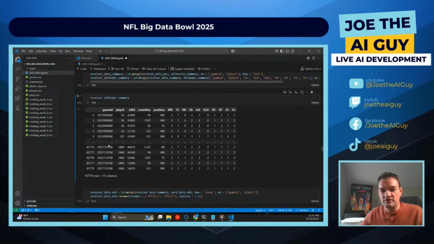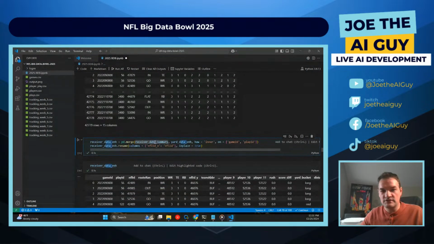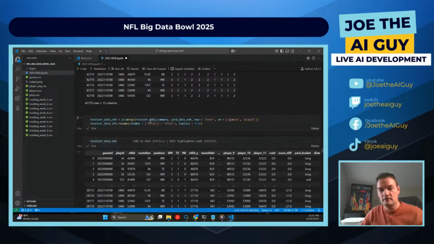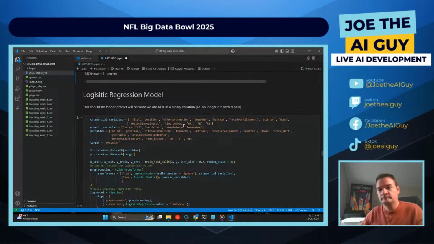That's much more representative of what the data should look like. And now instead of the receiver data summary, we want the receiver defender summary here. Great.